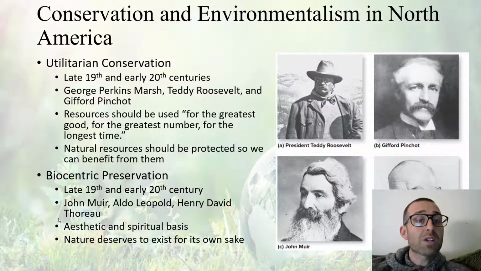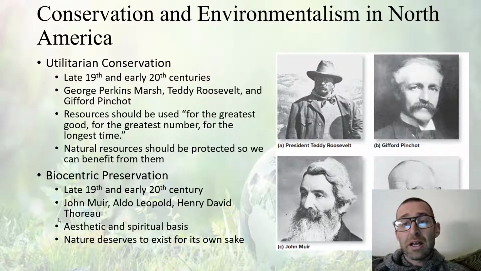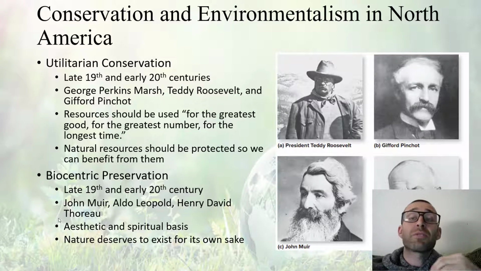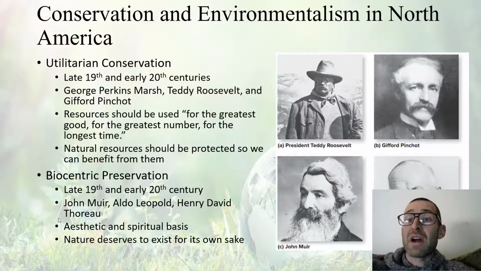Now, this is contrary to another movement that was developed around this same time, which is the biocentric preservation movement or concept. This was popularized by a couple different people, John Muir, Aldo Leopold, and Henry David Thoreau. And this is not so much based on utility in terms of what we could gain from the environment or the benefit that we get, but it's more on an aesthetic or spiritual or religious basis.